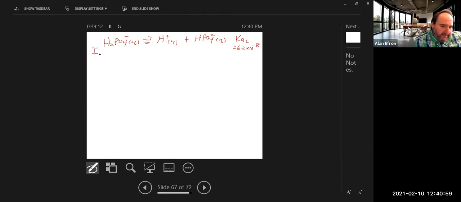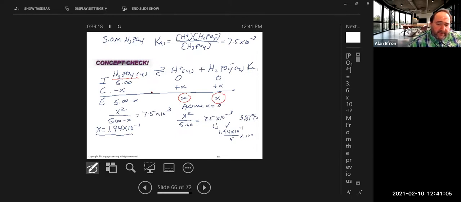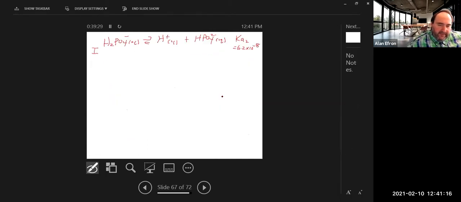So our ICE table here, when we look at H2PO4 minus, if we go back to our first table, we actually do have a value for it, and it is the X value from the first table. So that would be 1.94 times 10 to the minus 1.